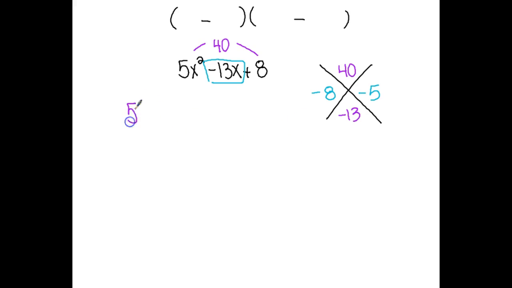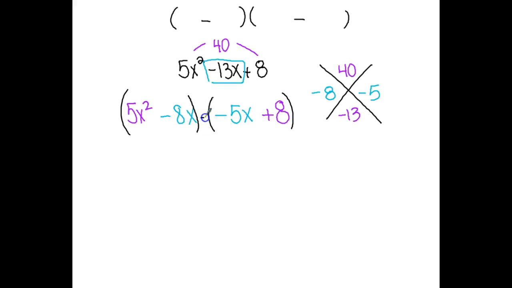So you get 5x squared. And it doesn't matter if you write the 8 or the 5 first. You can write minus 8x or minus 5x. When you group them, you have to keep the negative inside the parentheses.